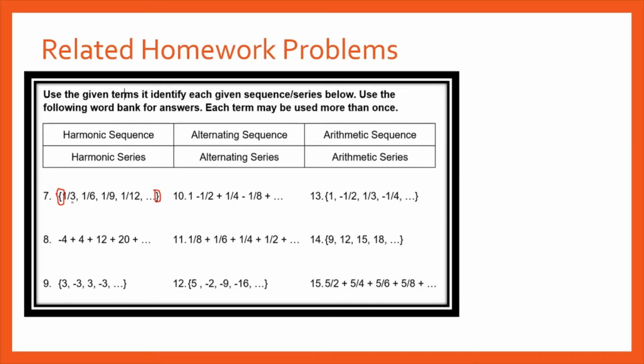You could then underline these things right here, and then find the difference between the denominators, and then you would find that you have plus 3, and plus 3, which tends to mean that this is a, I'm going to write harmonic sequence. If you guys can read that handwriting.